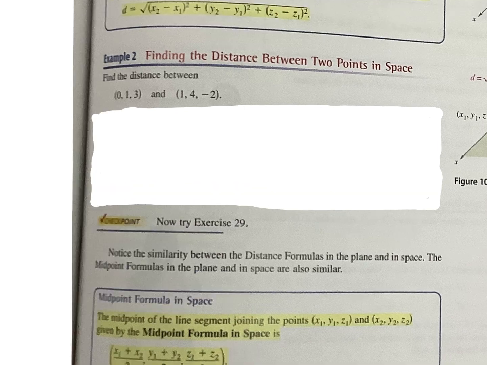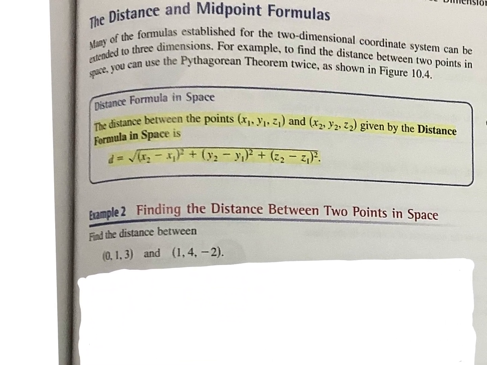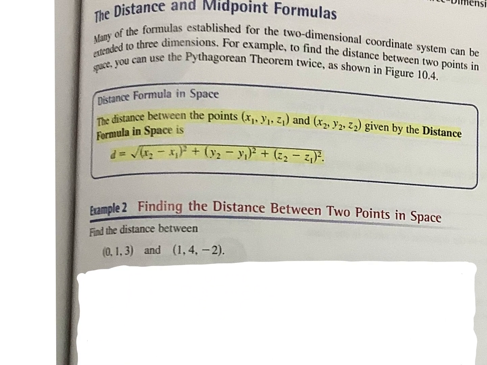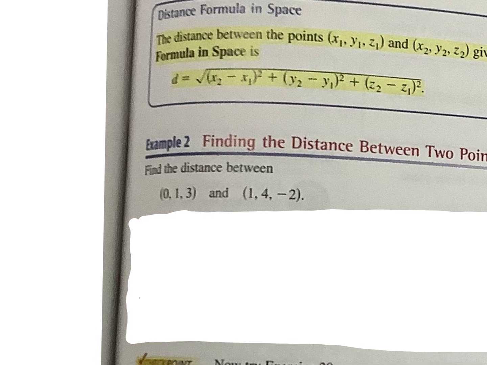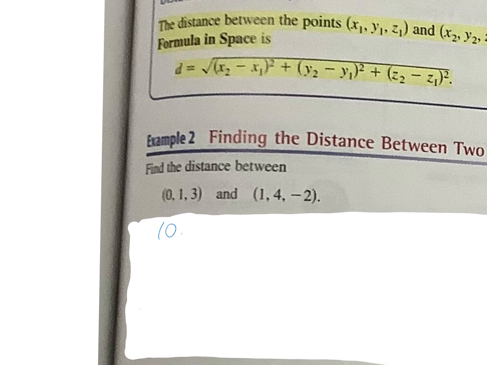So let's talk about how we would find the distance between these 2 3D points. You have your ordered triple. My ordered triple here is 0, 1, and 3. My second one is 1, 4, and negative 2. So this is your X value, this is your Y value, this is your Z value, correct?